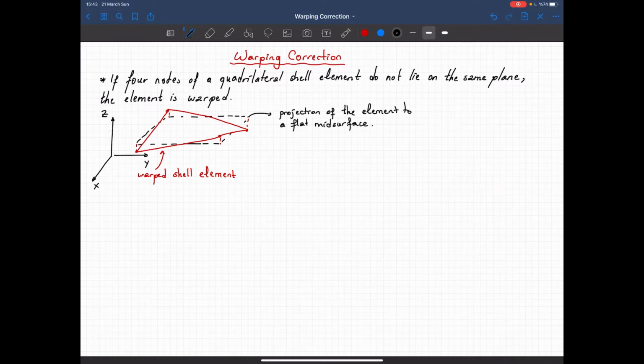Okay, so let's call these nodes node 1, node 2, 3, and 4. And the projected nodes, these are the nodes at the projected plane, as A, B, C, and D. So I want to move this one to here.